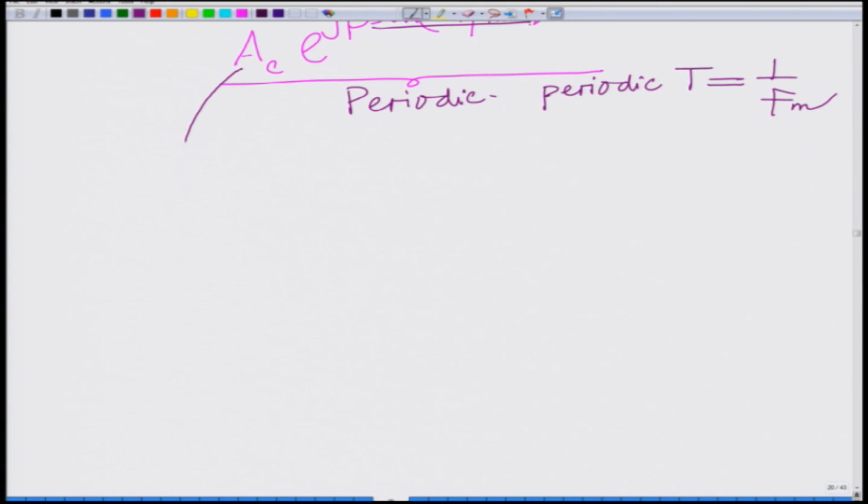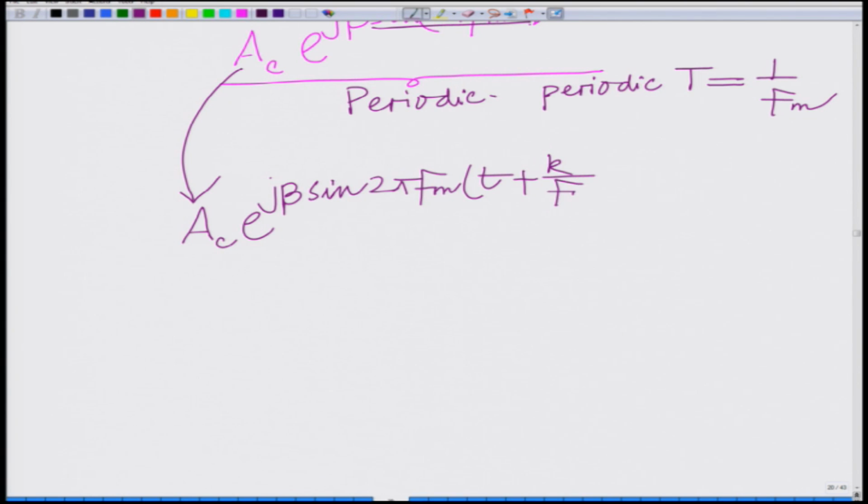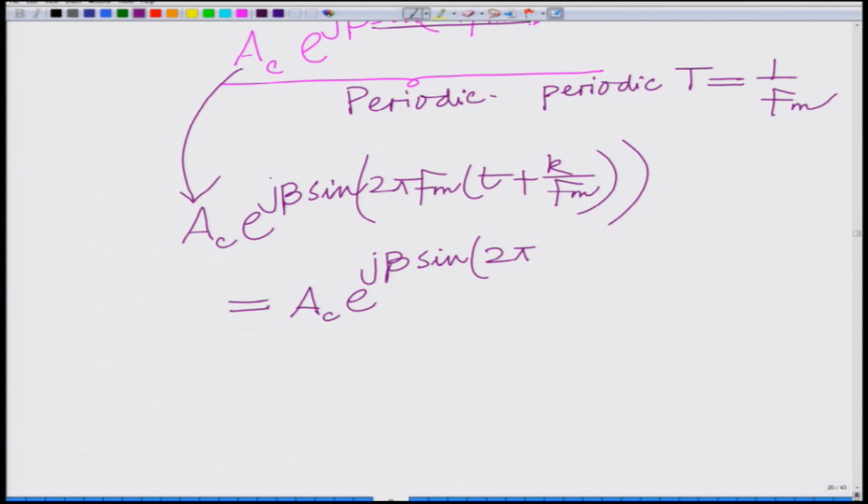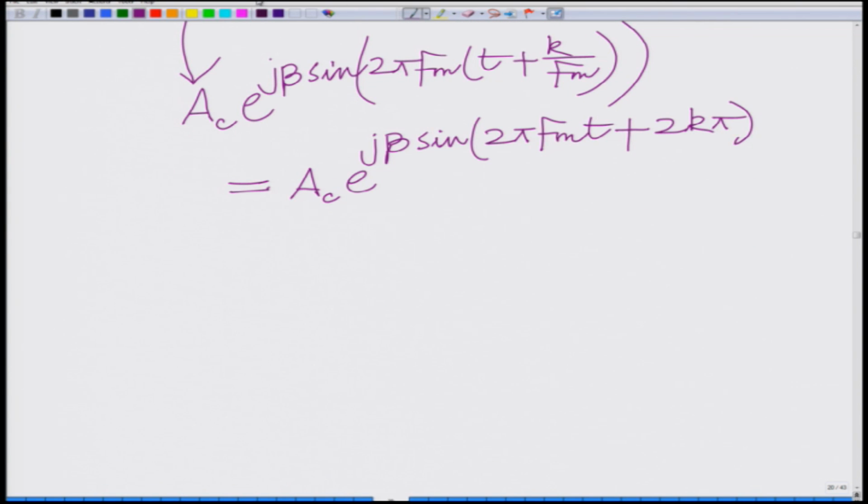In fact, if I look at it k periods later, I have Ac e to the power of j beta sine 2 pi fm (t plus k by fm), that is Ac e to the power of j beta sine (2 pi fm t plus 2k pi), which is nothing but Ac e to the power of j beta sine 2 pi fm t.